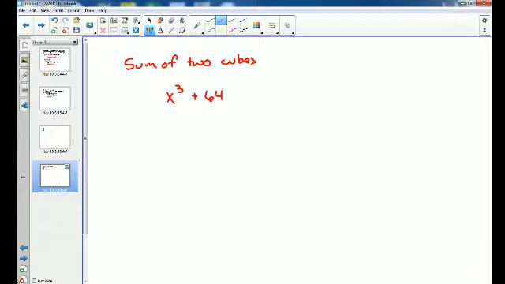Guess where I had to go for these. Calculus. All right. So, again, can you identify this as two cubics? Yeah.